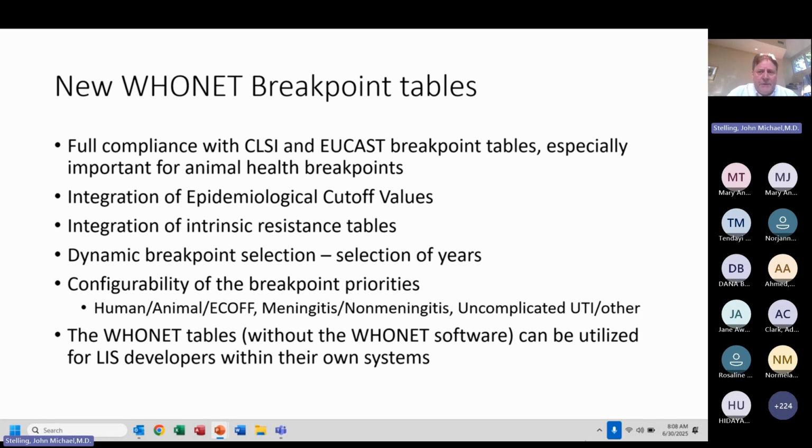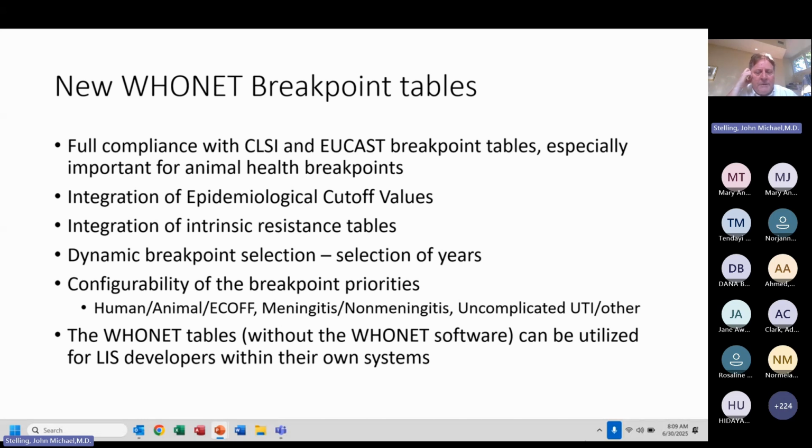However, with the intrinsic resistance rules, if it's Klebsiella pneumoniae, if it's ampicillin, we're just going to call it R. It doesn't matter what the measurement is, we're going to call it R. And this is helpful to protect against mistakes in the susceptibility test result. Or there's not always a mistake in the susceptibility test result, but we have to remember that the laboratory test is done overnight, 18 hours, but the patient might be on the drug for several days.